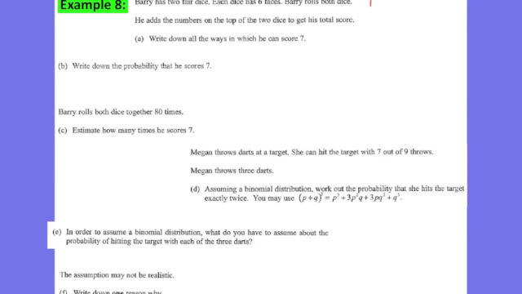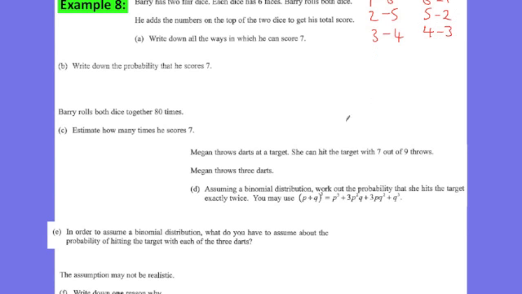He can get a 1 and a 6, a 2 and a 5, a 3 and a 4. He can also get a 4 and a 3, a 5 and a 2, a 6 and a 1, so the other way round. So we want to write down all the ways. Here, there are 6 different ways. You need to state these 6 combinations.